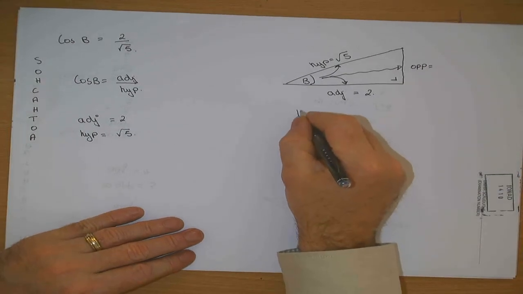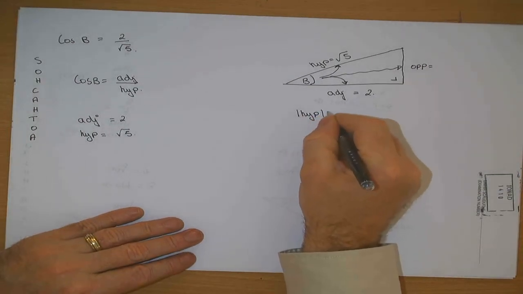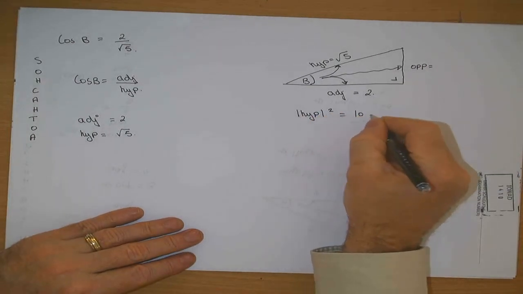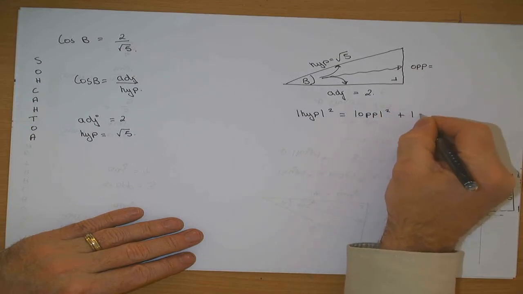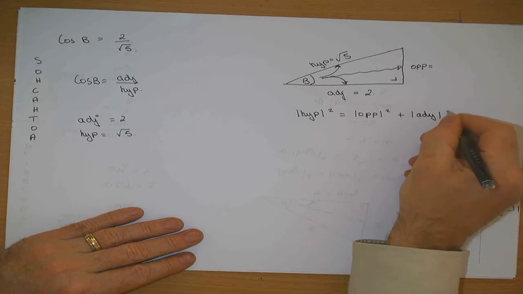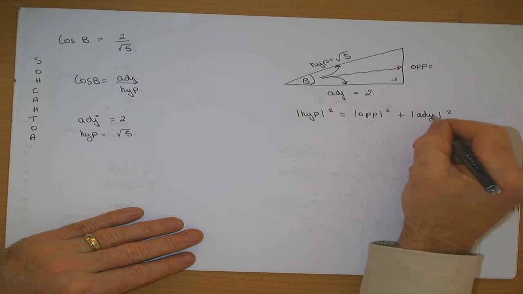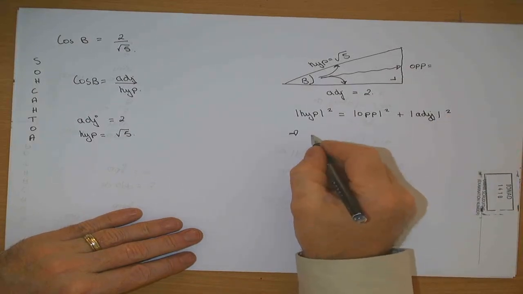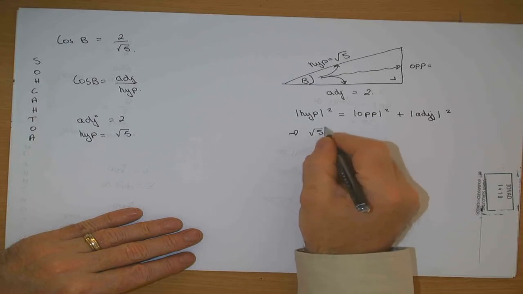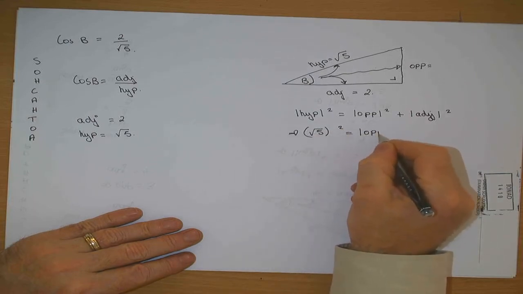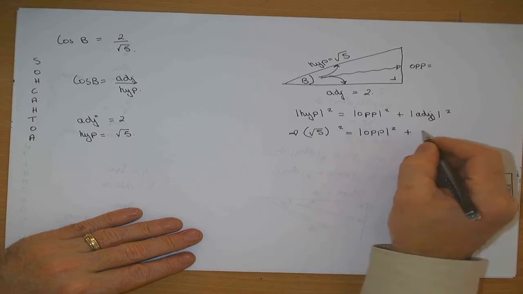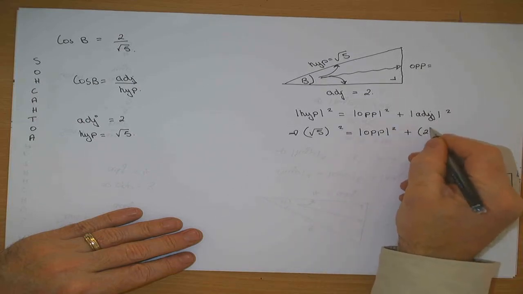It says the length of the hypotenuse squared is equal to the length of the opposite squared plus the length of the adjacent squared. Fill it in. Hypotenuse squared, root 5 squared is equal to the opposite squared, plus the adjacent, 2 squared.